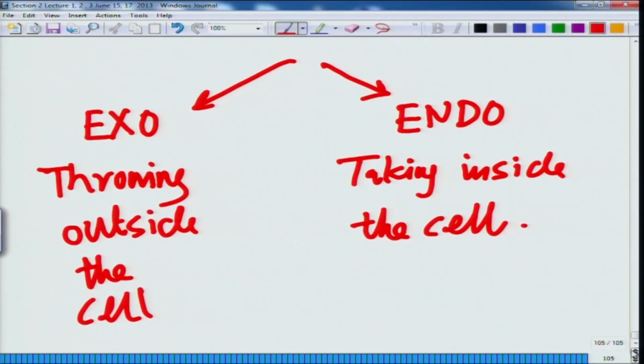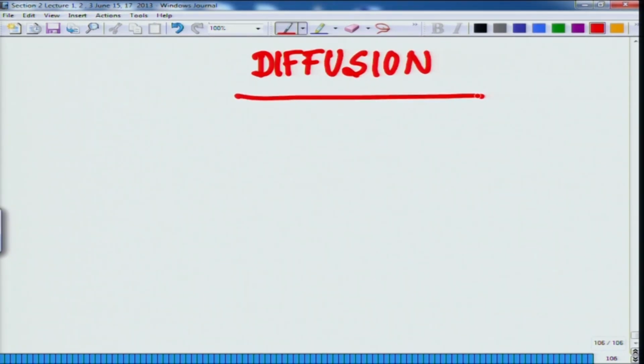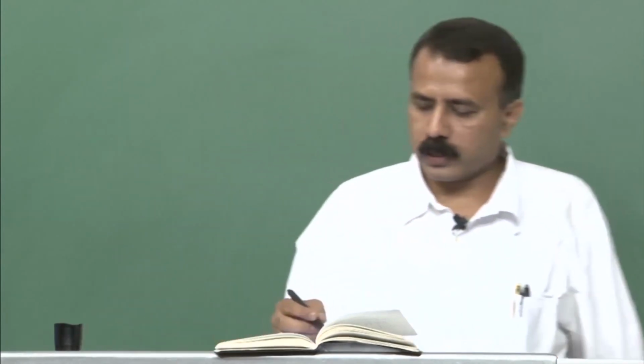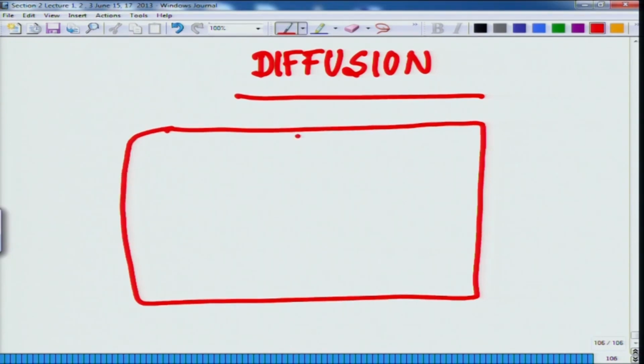After this, we move on to the next, which is called the diffusion process, simple diffusion. This diffusion process is governed by the concentration variance. There are two or three factors which dictate diffusion. Say for example, let us think of a situation here.